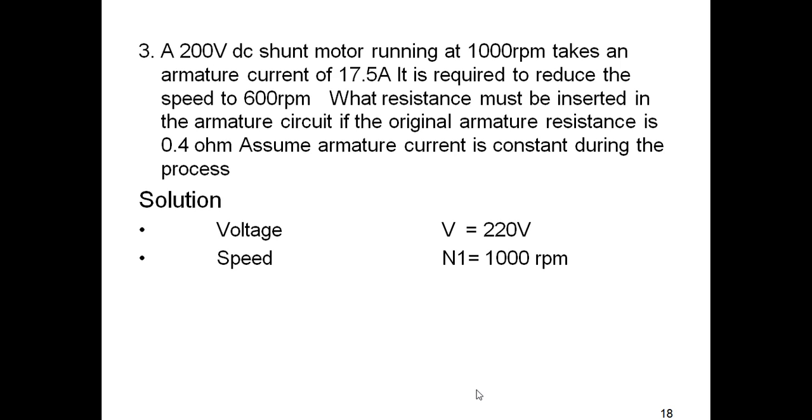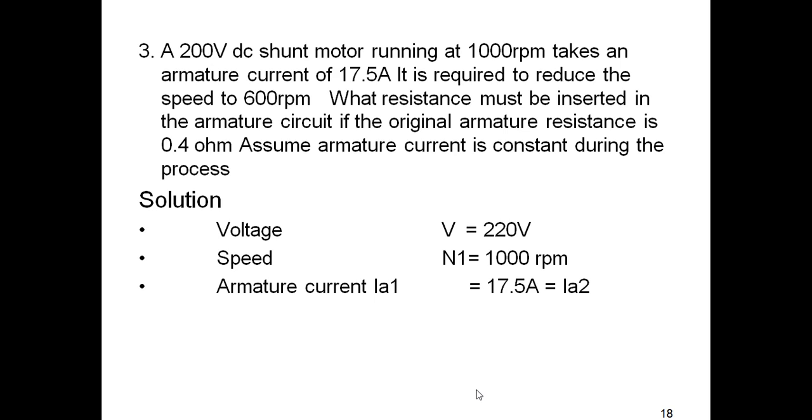And the speed, initial speed, that is N1, is given as 1000 rpm, and the initial armature current IA1 is equal to 17.5 amperes, and this IA1 value is equal to IA2 because in the problem it is given that the armature current is constant during the process.